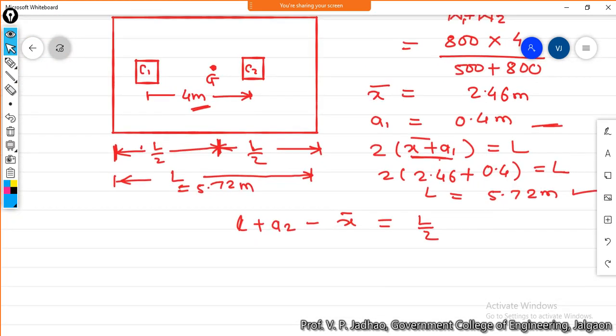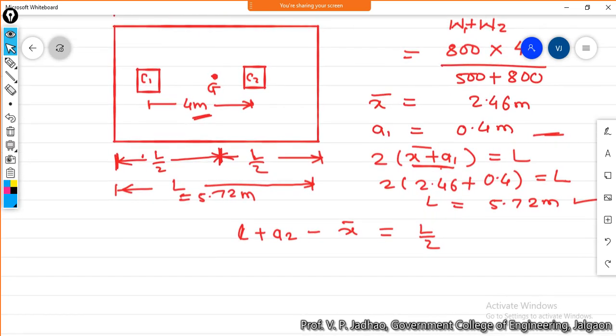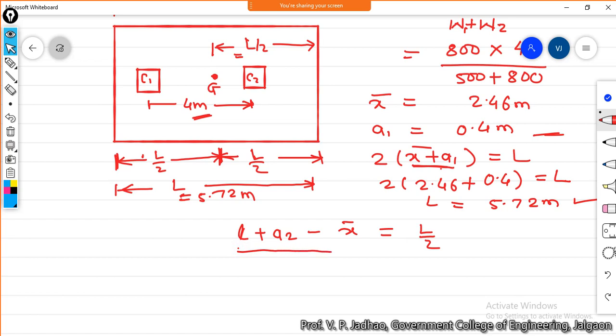We know that this particular distance is L by 2, and this distance is again equal to this much, okay, L plus a2 minus this particular distance x bar will get L by 2.